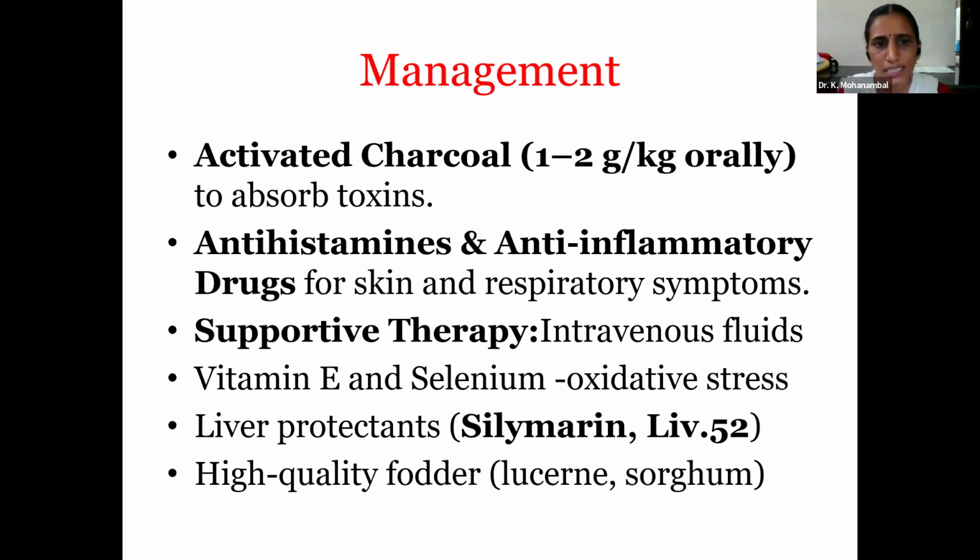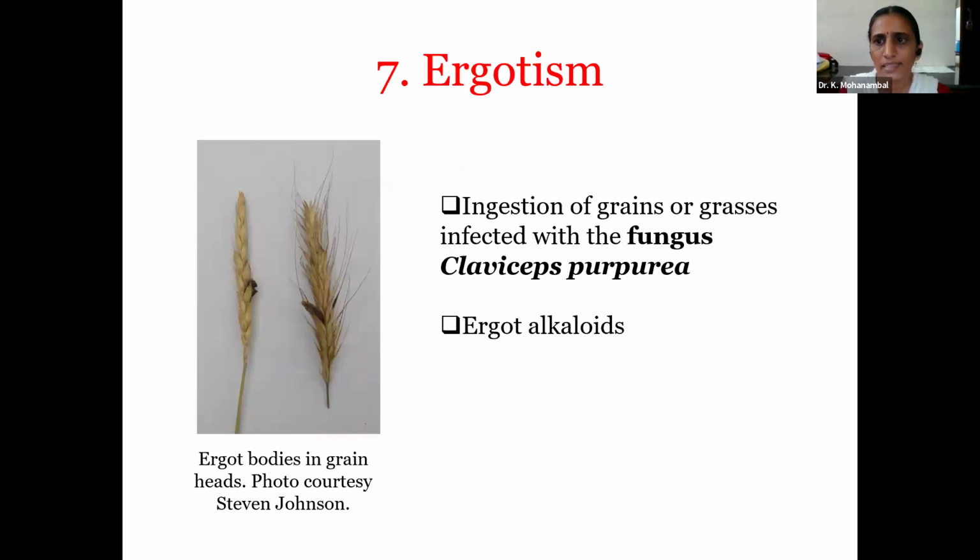Apart from that, symptomatically, antihistamines, anti-inflammatory drugs, and intravenous fluid therapy can be used, and to reduce oxidative stress, vitamin AD3 and selenium can be used. It will affect the liver, so liver protectants like silymarin can be used. High quality forage fodder should also be used. But it is very difficult to treat once neurological signs are present.